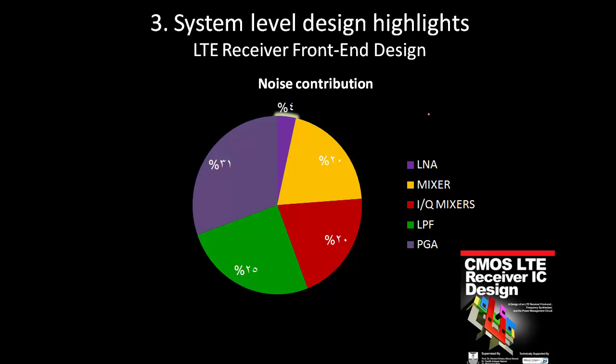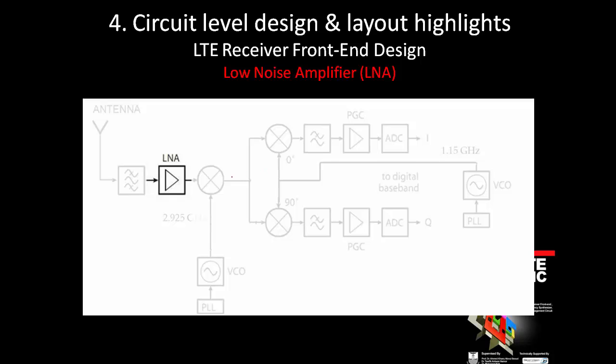For example, this is the noise contribution, and we have the low noise amplifier, which is a block of the receiver. This low noise amplifier has a noise contribution of 4% of the total noise of the receiver. Of course, 4% is a small percentage, and this is why it's called low noise amplifier.